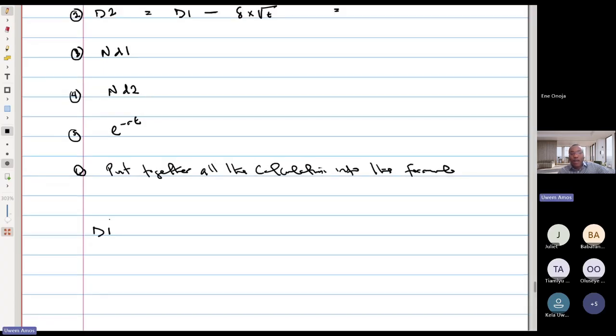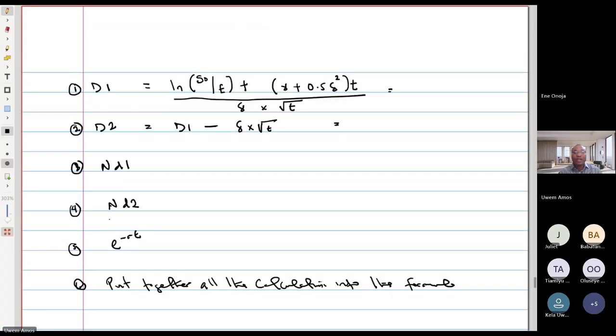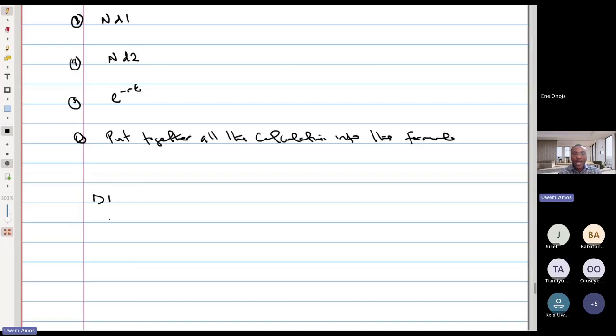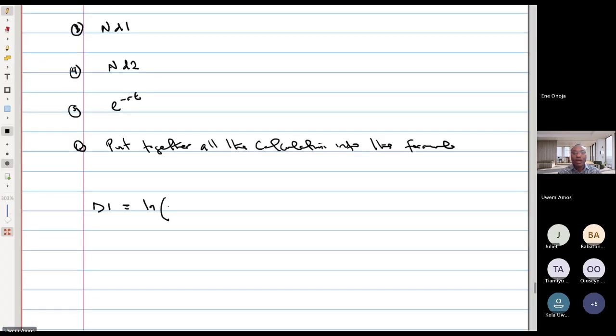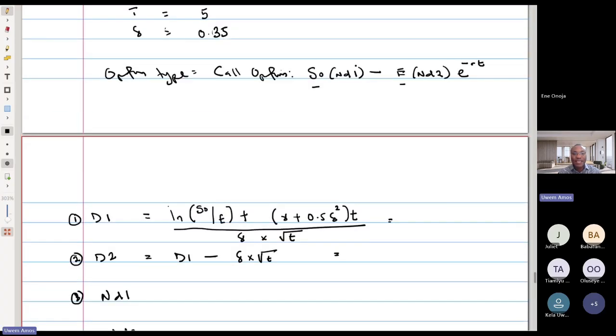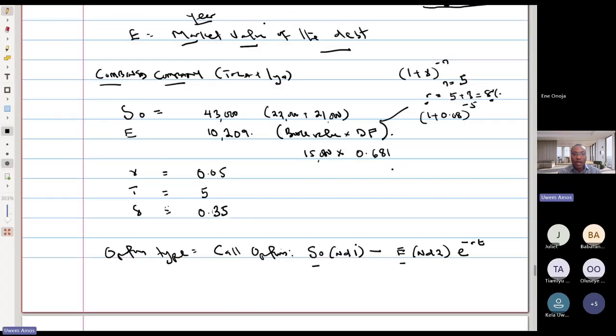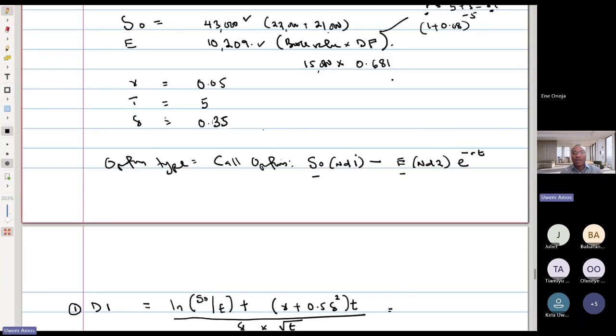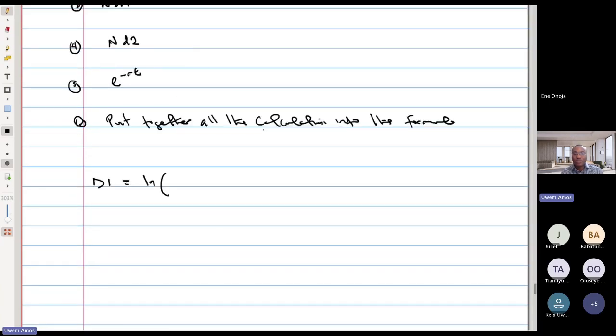All right, so our formula for our D1 is LN, which is called natural log. We're going to come back to that from our calculator. Bracket, our S0 divided by E. So what is our S0? Our S0 is 43,000. Our E is 10,209.